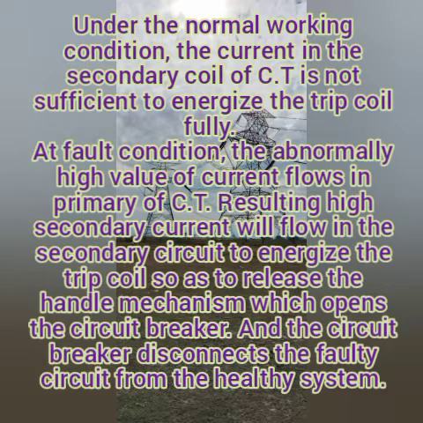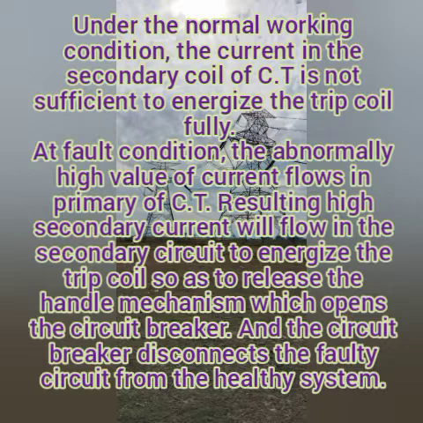Under normal conditions, the current in the secondary coil of the CT is not sufficient to energize the tripping coil fully. At a fault condition, an abnormally high value of current flows in the primary of the CT, resulting in a high secondary current flowing in your circuit to energize the tripping coil.